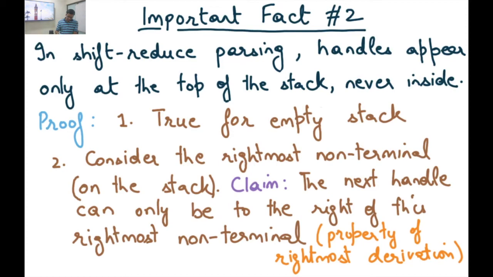But in general, consider the rightmost non-terminal on the stack. The claim here is that the next handle can only be to the right of this rightmost non-terminal, and this is coming from the property of the rightmost derivation. So let's look at it in a little bit more detail.